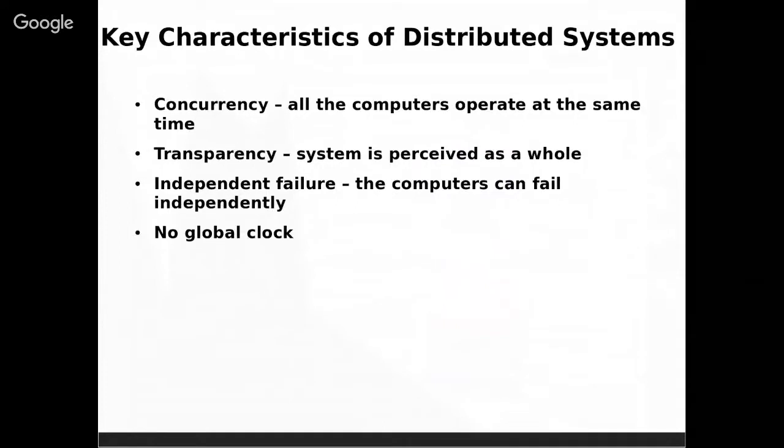No global clock. This basically means there will typically be no global synchronization mechanism which will synchronize operations between multiple servers or machines. If you are familiar with computer architecture, you know that inside a computer there is a clock generator which continuously generates special signals known as a clock signal.